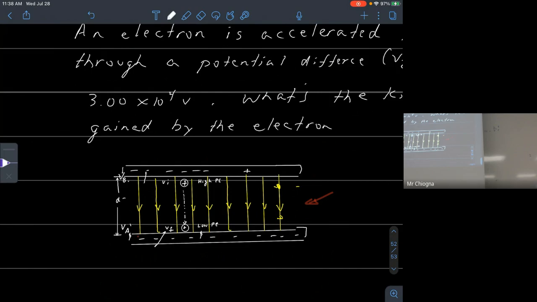Make sure I finish this first before you draw anything. They reverse the plates, basically. Negative here, positive here. Okay.